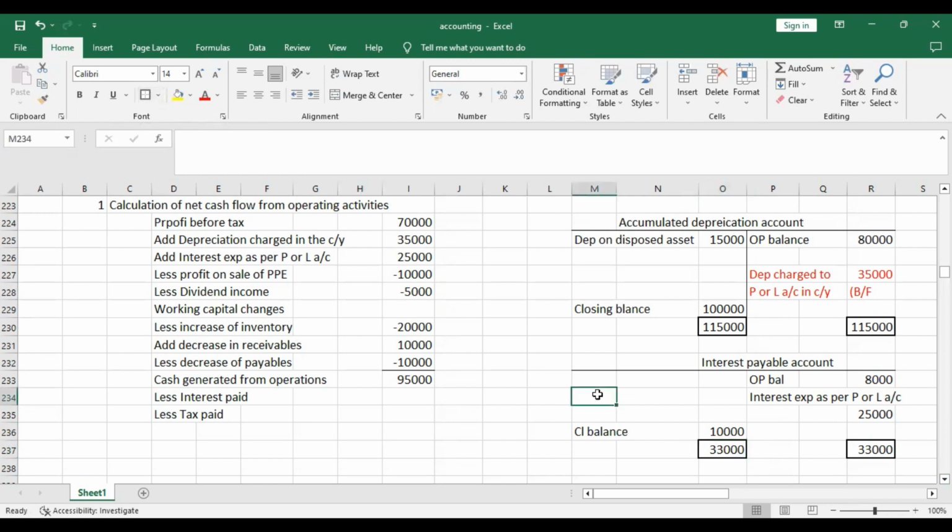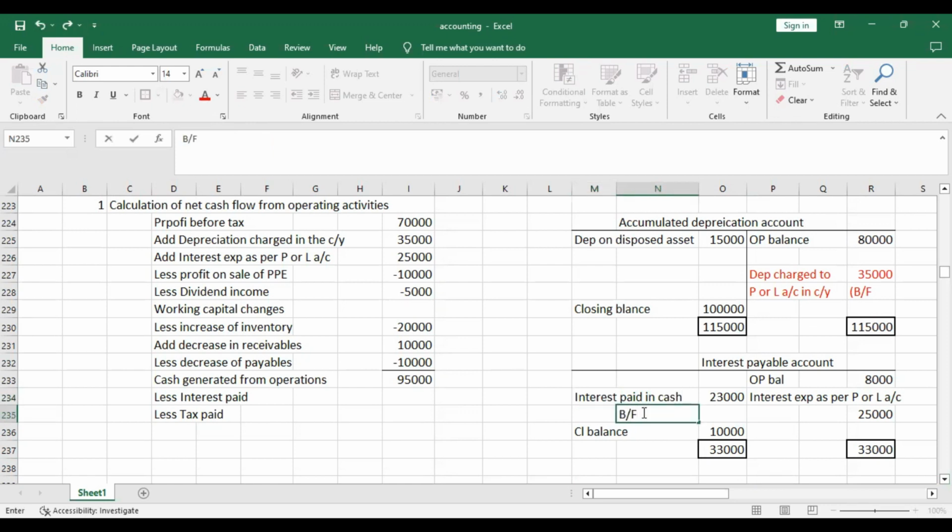Because you have opening balance of 8,000, by taking interest expense of 25,000, total becomes 33,000, but your closing balance shows only 10,000. That means they have paid interest of 23,000. This is interest paid in cash, the balancing figure.